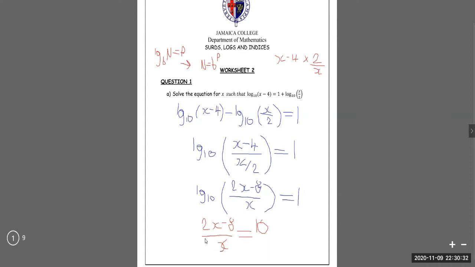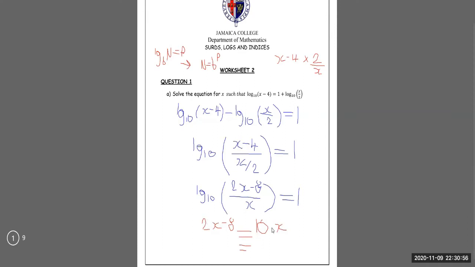Is it fair if I write that? Yes, sir. Nice, so 2x minus 8 is equal to 10x. And so we can bring over now the 2x over here.